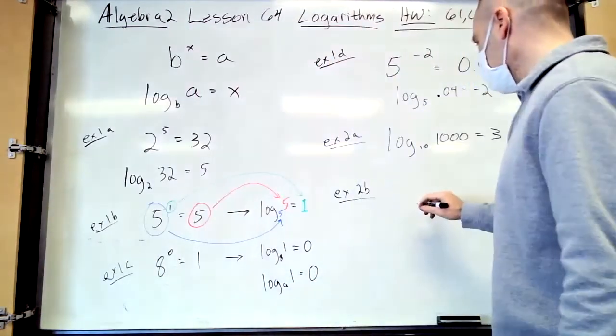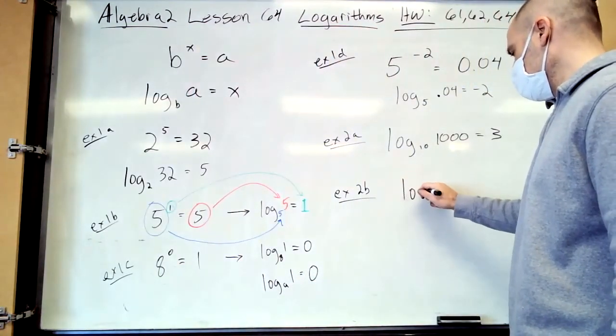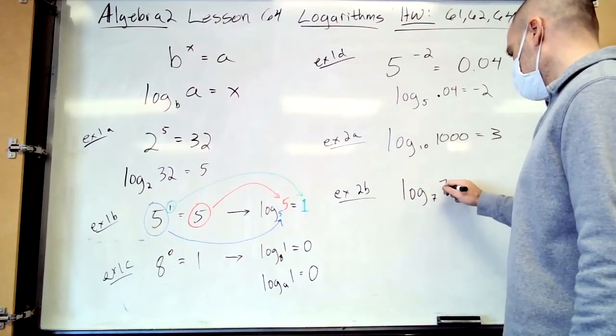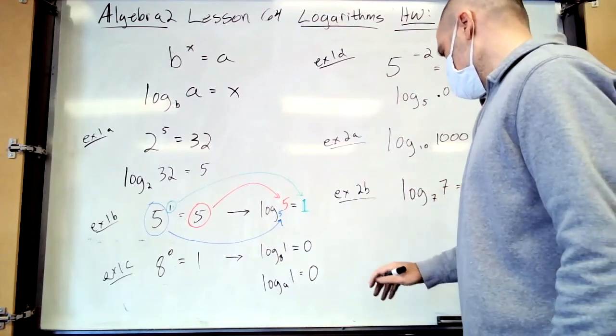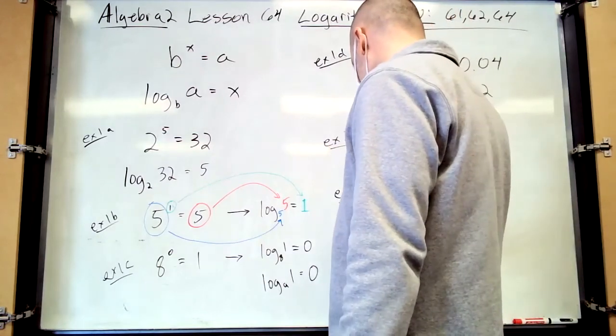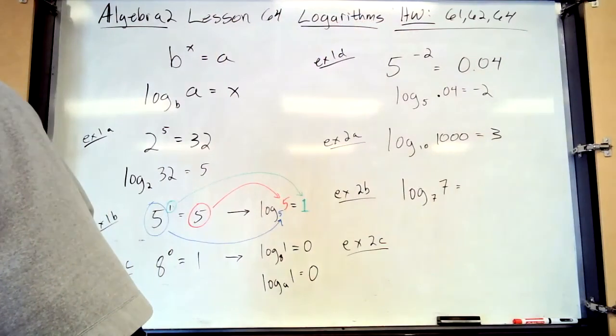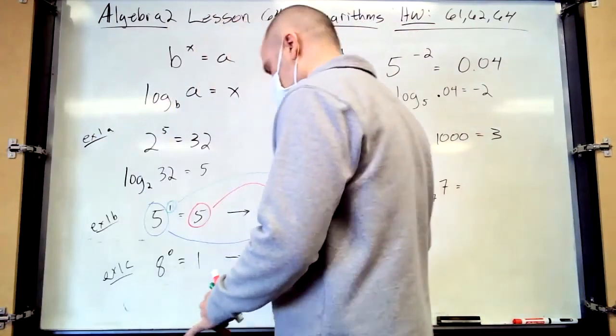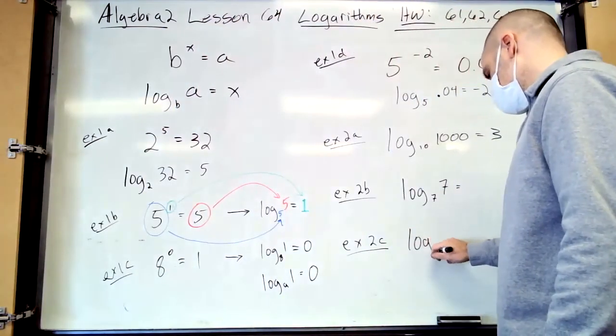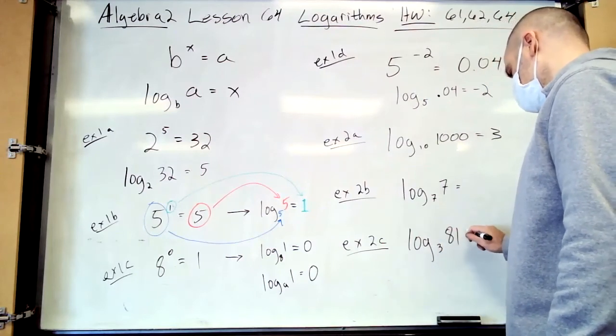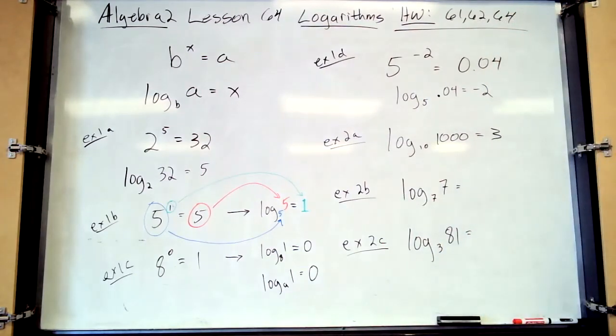And then I'm going to let you fill in the blanks, because really, I don't have to give you all this information because you can figure it out. Can you figure out those answers in B and C?